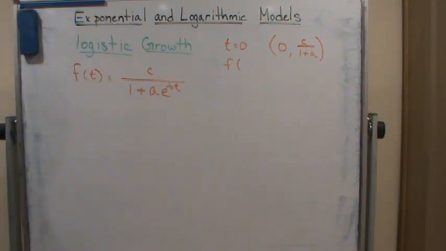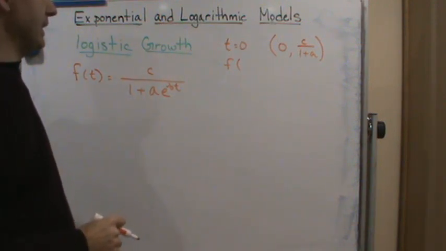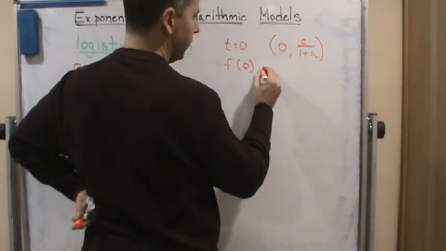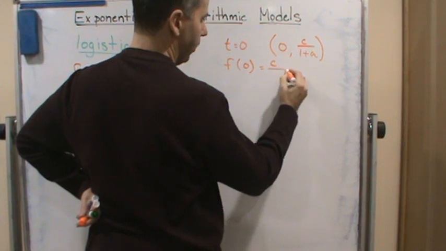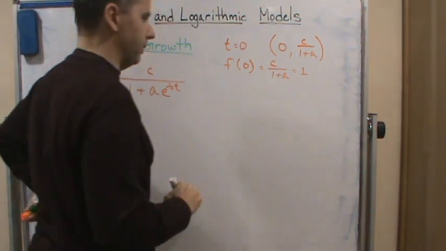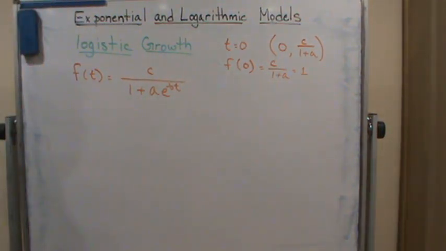So x is the independent variable, and in this case it's time, so I'm just going to use t. So f of 0 then equals c over 1 plus a, but at that point there's only one person. So it's going to be 1.